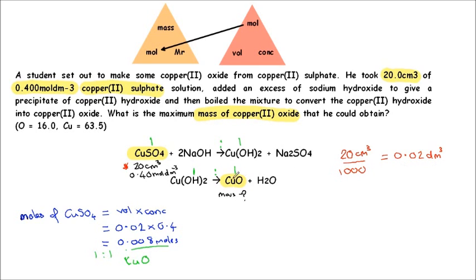So then, again, we know the moles, we can work out the MR. It's so easy. So then the mass of copper oxide, CuO, is going to be equal to the moles, which we know, times by the MR. And because it's in a ratio of 1 to 1, it's 0.008 times by 79.5, because I have gone ahead and worked out the molecular mass of copper oxide, and that gives us 0.636 grams of copper oxide.